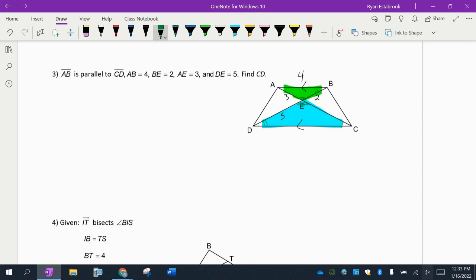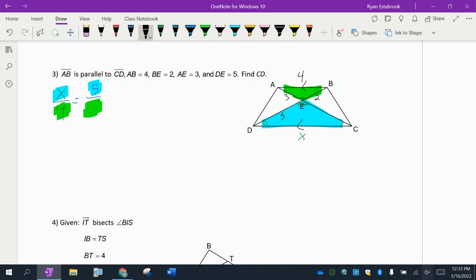So as I'm looking for CD, this length across the bottom, I can tell that the x is corresponding to the 4. So blue over green is in the ratio of x over 4. And the 5 is coming out of the blue. The question is, what is the length it's corresponding to in the x?